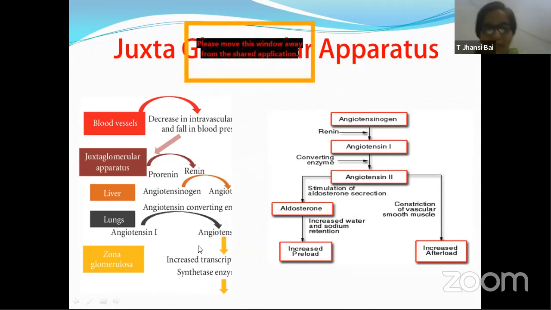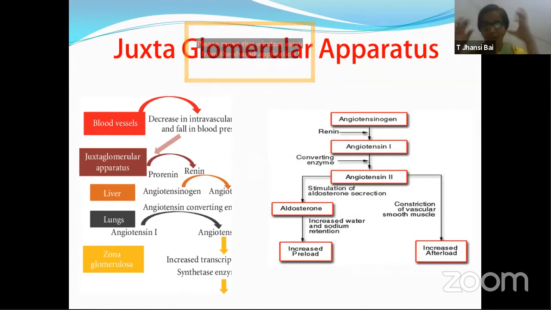Now, what this angiotensin 2 does is that it stimulates the adrenal cortex, the adrenal gland. In your second PPT, we have studied this.